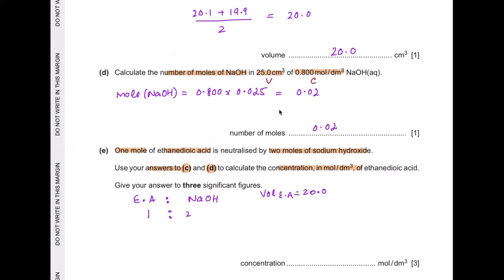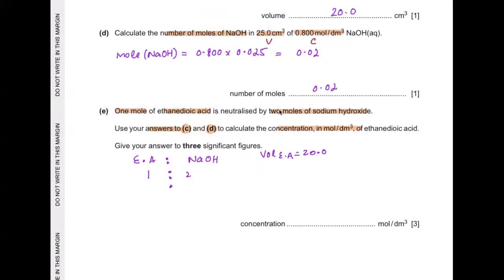And to calculate the concentration, we need the moles, right? We know the moles of sodium hydroxide, which is 0.02. So for 0.02 moles of sodium hydroxide, we need X moles of ethane dioic acid. X is going to be 1 multiplied by 0.02 over 2. It will give you 0.01 moles of ethane dioic acid.